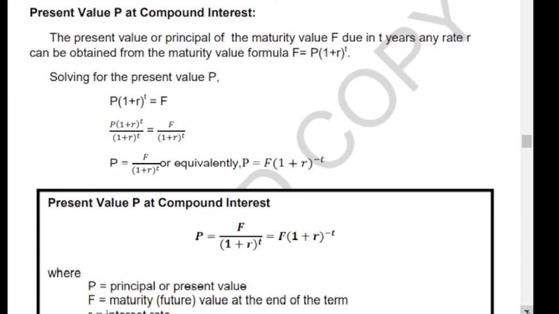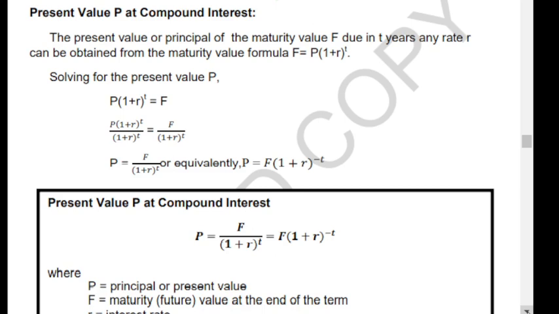Okay, next is to find the present value P of a compound interest. So the present value P at compound interest, or we are going to find the principal of the maturity value due in T years at a rate R, can be obtained from the maturity value formula.